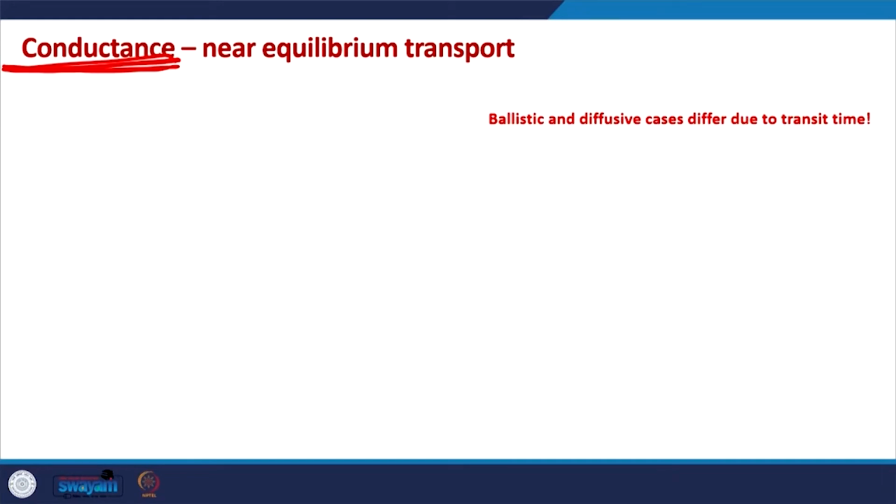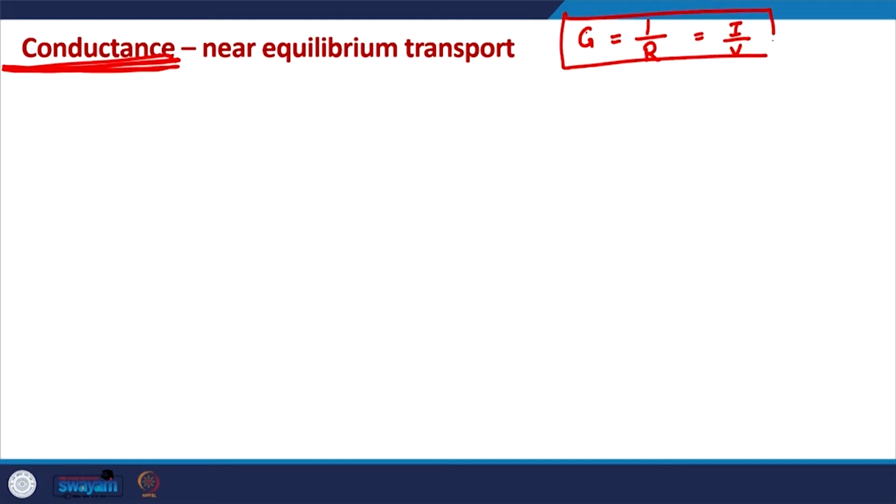As you might be aware, conductance is denoted by G, and it is essentially the inverse of the resistance. So, if the resistance of a channel is R, the conductance will be 1 by R, and from the IV characteristics R is V upon I, so G will be I upon V. So, this conductance can be found from the expression of the current, from the IV characteristics of the device.